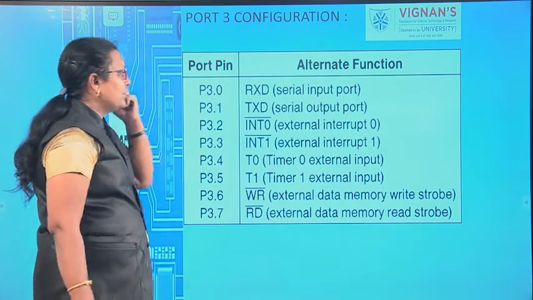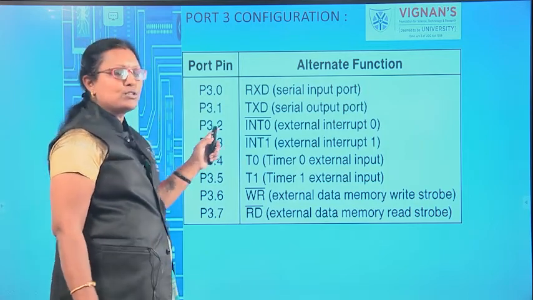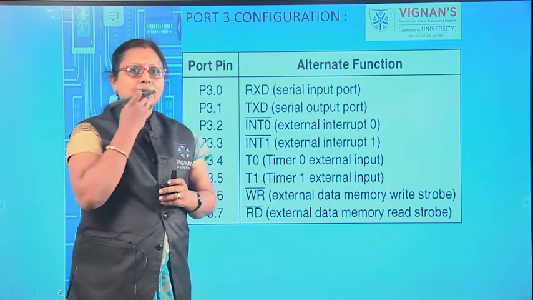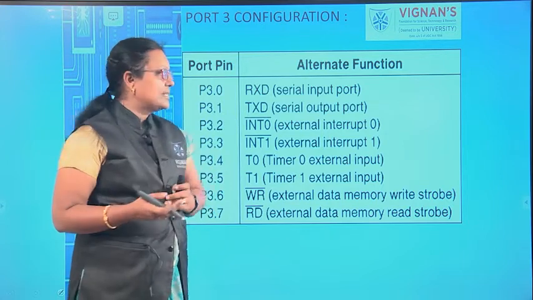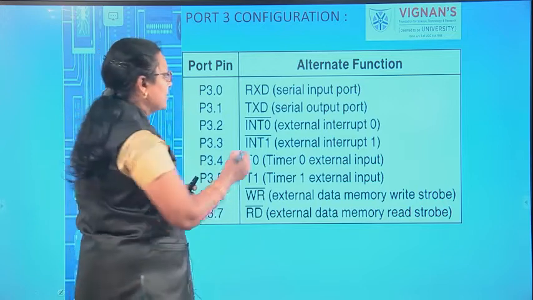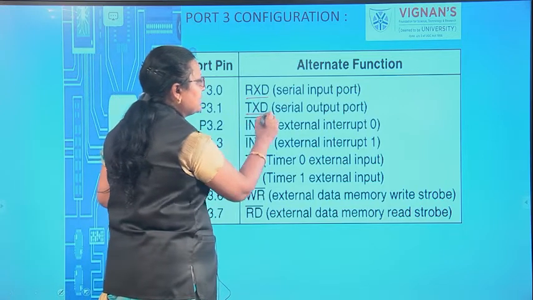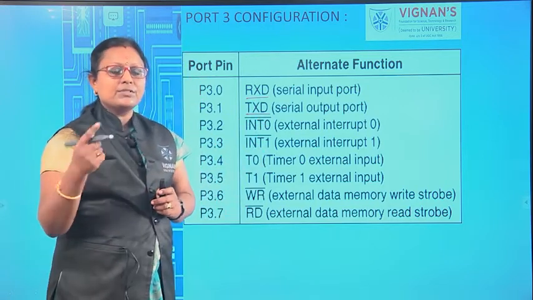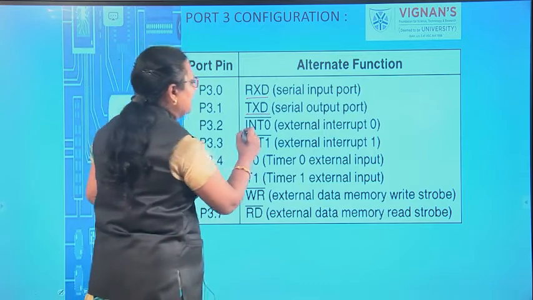I told you that your port 3 pins will consist of some hardware signals like the receiver signal and transmitter signal, which are coming from the serial port, and interrupt pins.